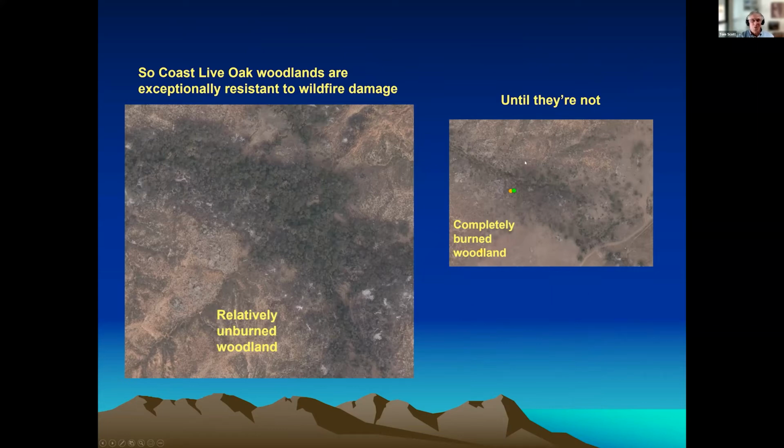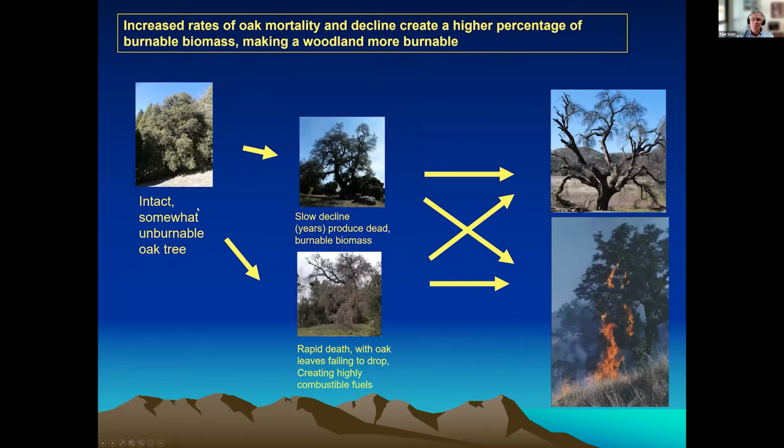Here's a picture of an oak woodland after this 2007 conflagration moved through, and there isn't a lot of green woody biomass still standing. And how does that happen? How do we burn an oak woodland when I've just told you that they have all these resources to keep that from happening? Well, sometimes you can have intact oak trees, which then start to slowly decline. In some cases, you can have rapid decline where they die so quickly the leaves fail to abscise.